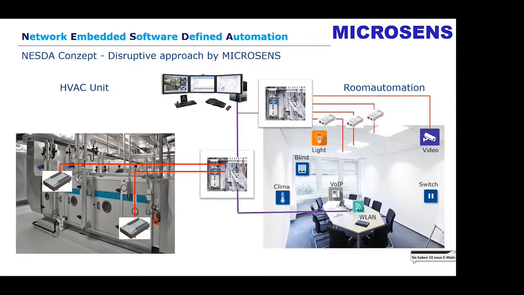On the left side, we have an HVAC unit with the corresponding application. On the right side, we have room automation, and the only difference between both sides is you run a different software application inside the switch, so that you are able on the left side to control maybe an HVAC device, and on the right side you do room automation.